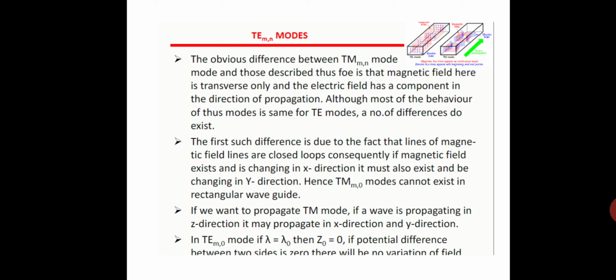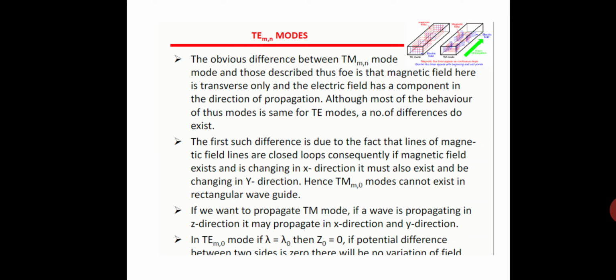The first such difference is due to the fact that magnetic field lines are closed loops. Consequently, if a magnetic field exists and is changing in the x direction, it must also exist and change in the y direction.